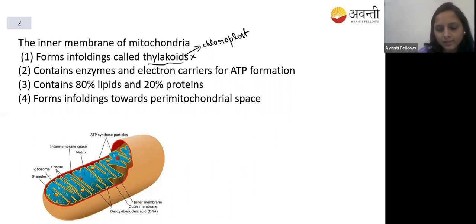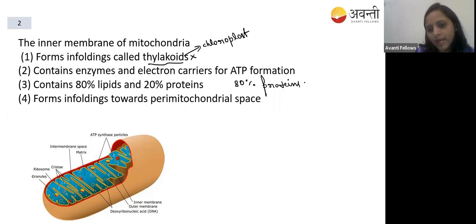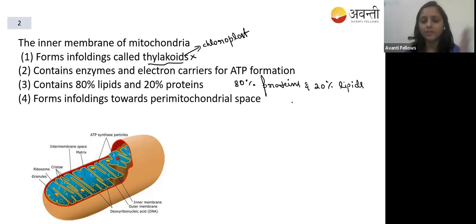So here you can see 80% will be protein and 20% will be lipids. That is a speciality of the mitochondrial membrane. Okay. Fine. So that's why this option is wrong.